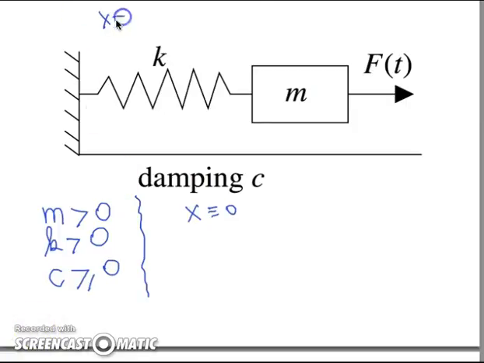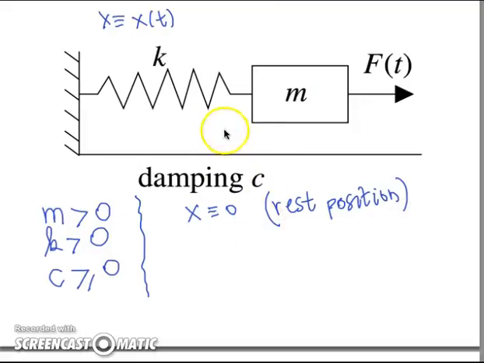So X, as we were saying, is a function of time t, and when X is 0, we're going to consider this the so-called rest position. And since we're looking at this horizontally, we're going to keep track of the displacement of the mass growing to the right. As the mass is going away from the wall, we're going to consider that displacement as a function of time.